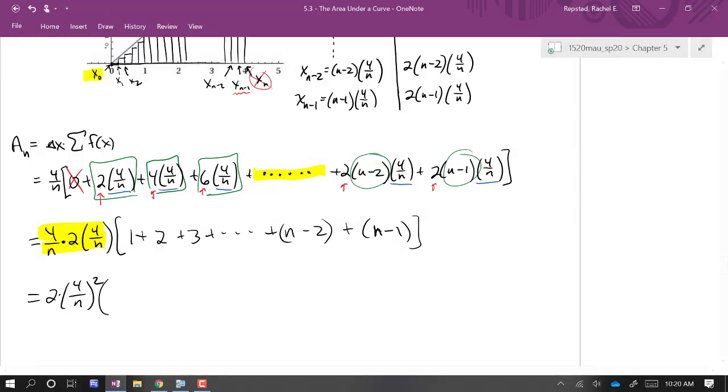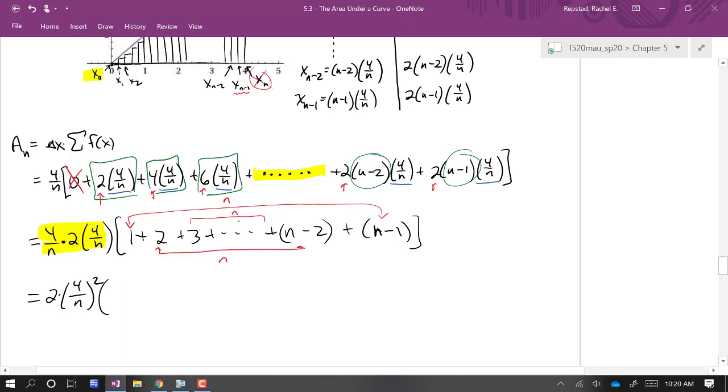Here's how we can see what this sum is going to be. If I add the first and the last, 1 plus n minus 1, that adds up to n. Then if I move in one each, 2 plus n minus 2 adds up to n. If I keep going, 3 plus n minus 3 adds up to n.